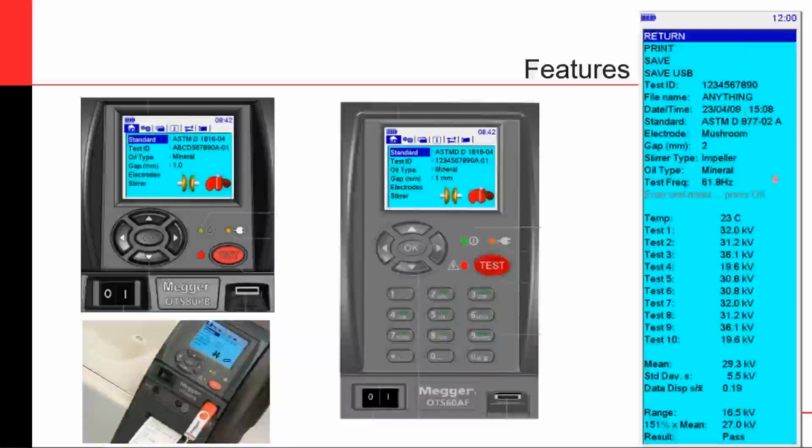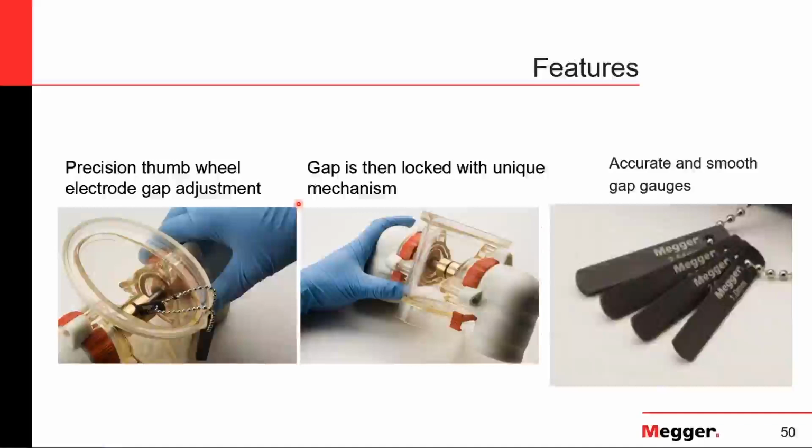So the family of OTS units has the cover that will allow an impeller to be mounted and used when using ASTM D1816, and also the cover will have a buffer plate that will prevent any moisture or any air to be in contact with the oil.